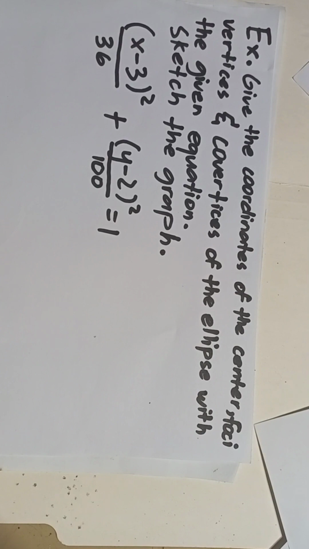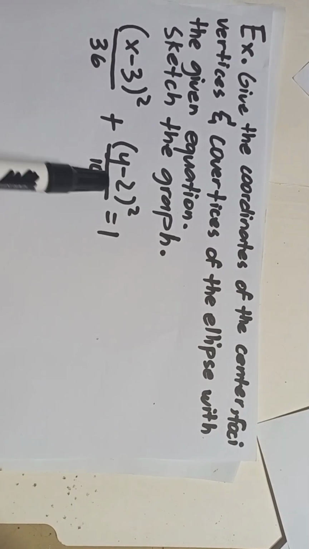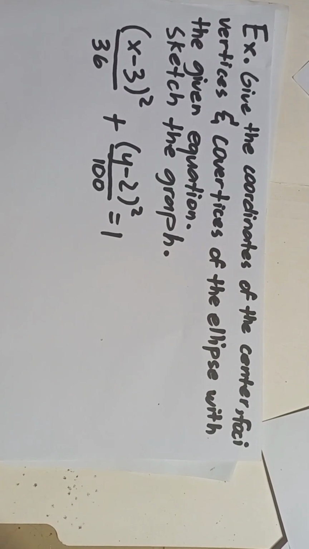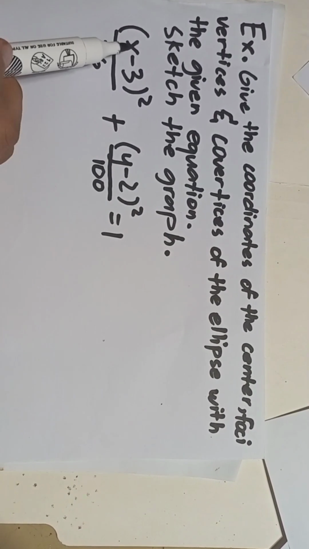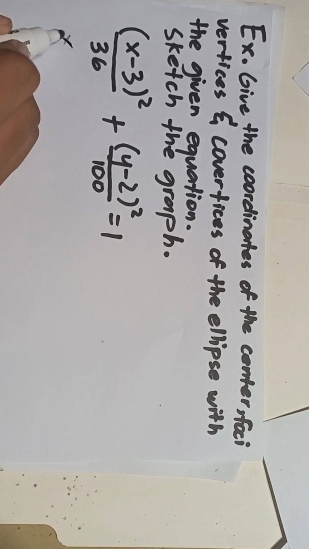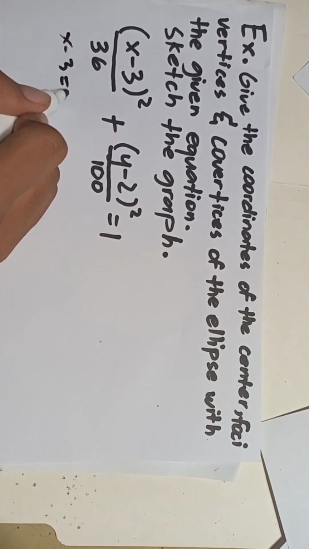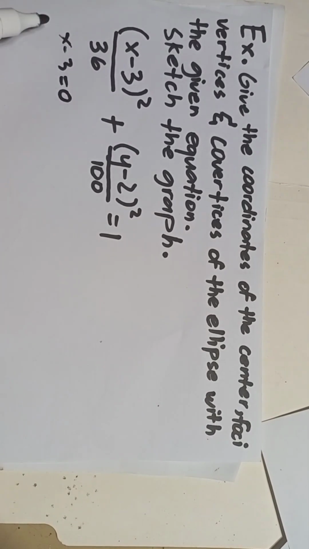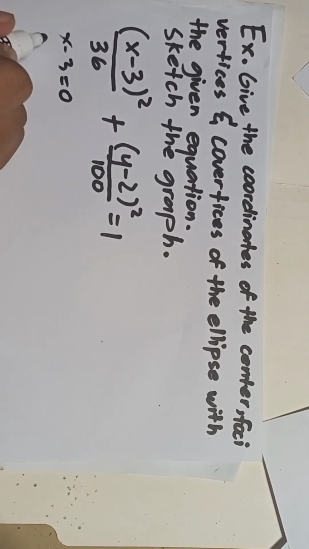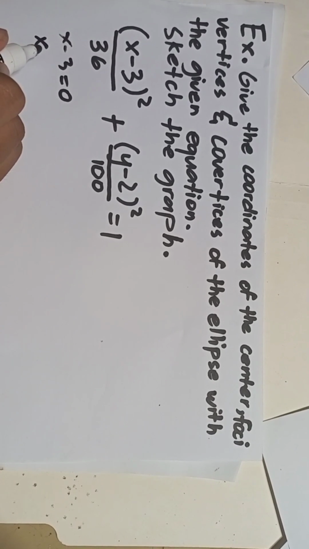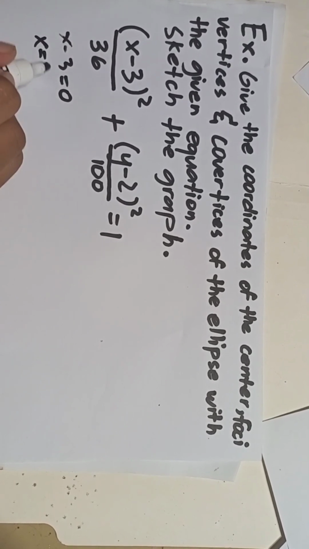To get the center of our example, which is not at 0, 0, first set x minus 3 equal to 0. So just transfer negative 3 to this side, so x is equal to positive 3.